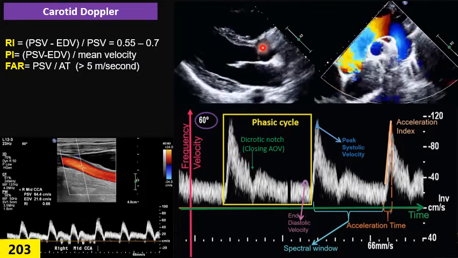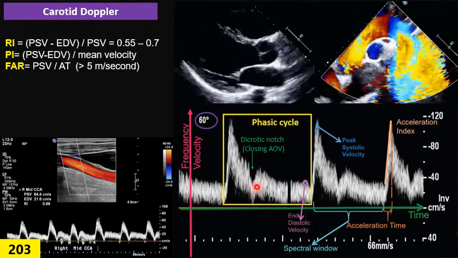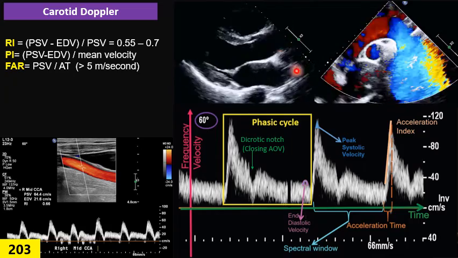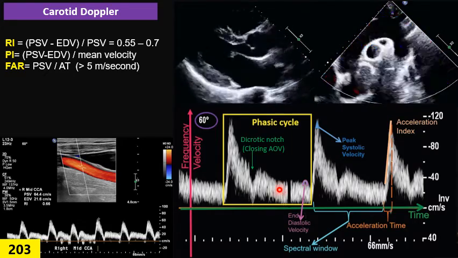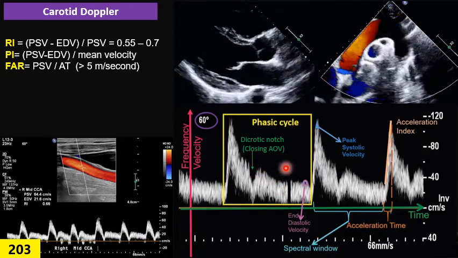With closing of the aortic valve, blood suddenly bounces up again, so we get a second upstroke, and because of the recoiling property of the vasculature, the blood is pushed forward, antegrade.